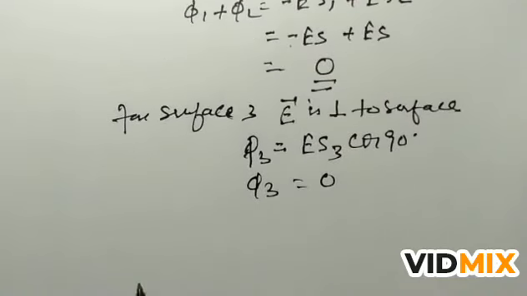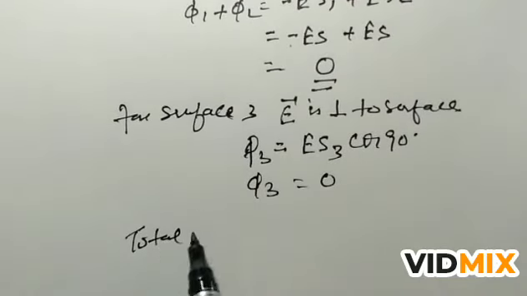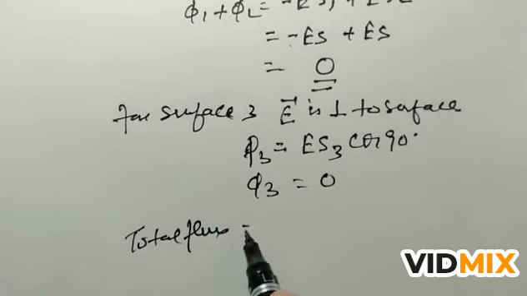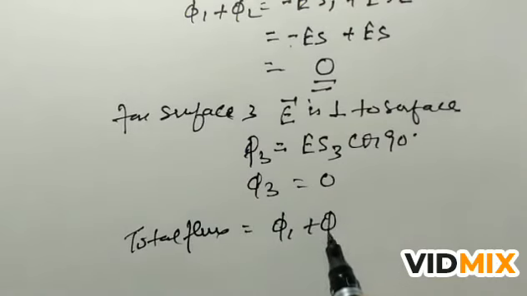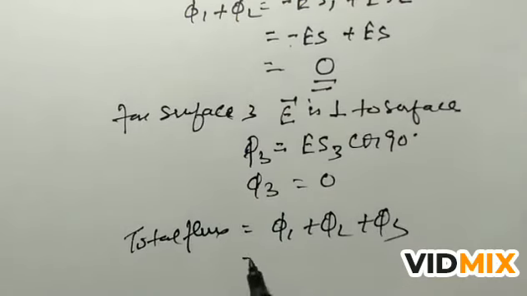So the total flux is equal to phi 1 plus phi 2 plus phi 3, and it is equal to 0.